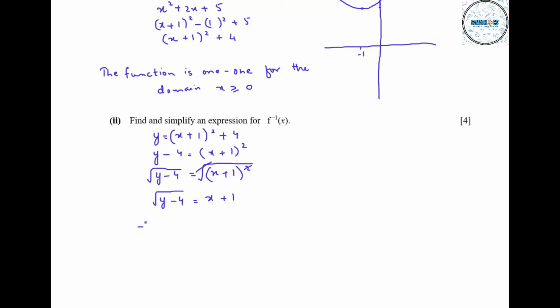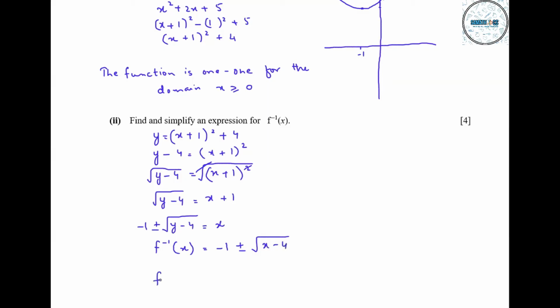When 1 will be taken on this side, it will be minus 1 plus minus under root y minus 4. As we have taken out square root, so we have to consider plus and minus sign. That is equal to x. So f inverse of x is equal to minus 1 plus minus under root x minus 4.